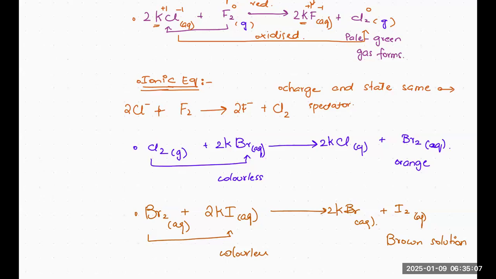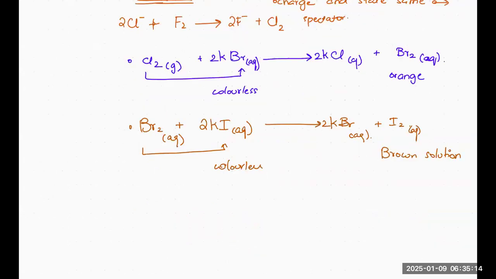And if you do the opposite, if you take iodine and you react it with potassium bromide, there will be no reaction. Why? Because iodine is less reactive than bromine, so it cannot displace it from the compound.